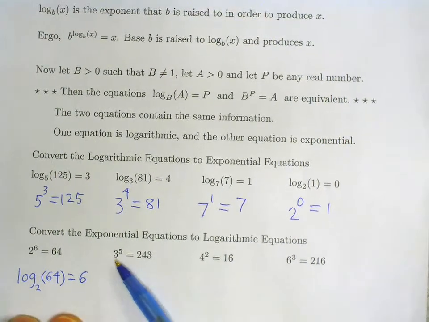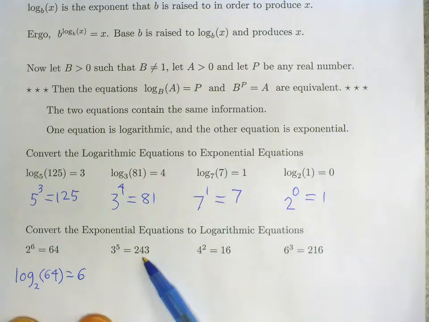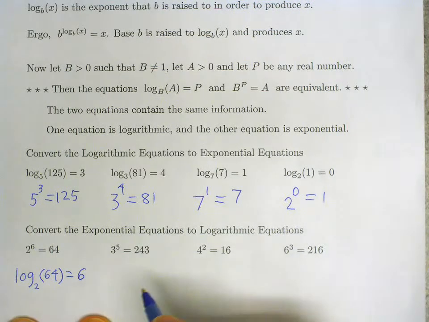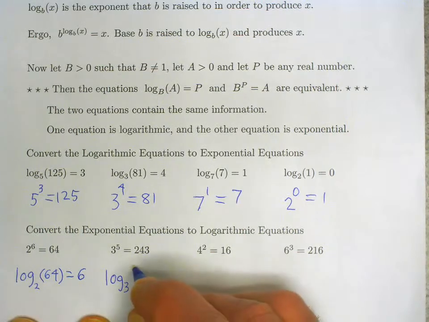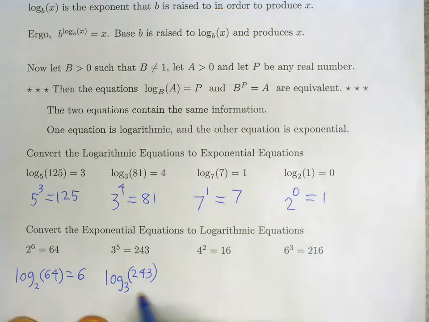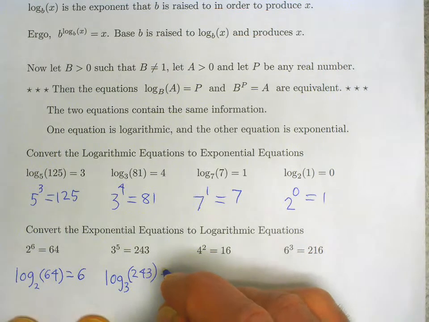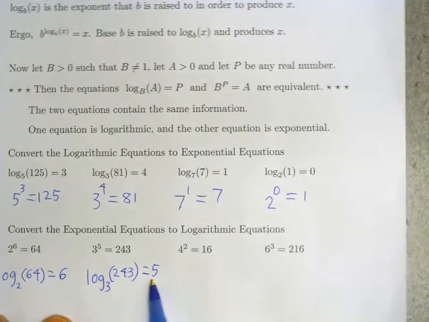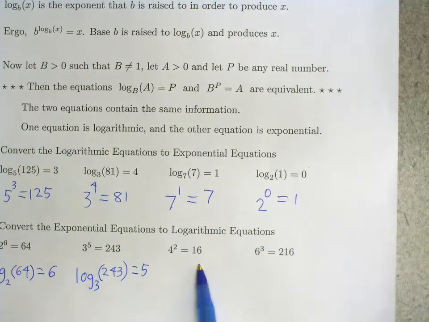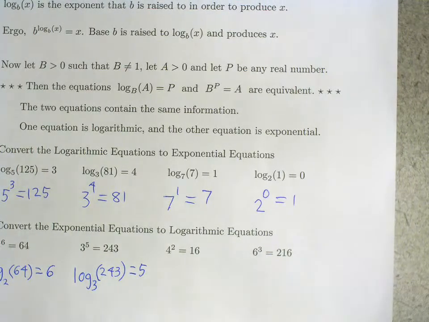Okay, 3 raised to the 5th power equals 243. The base is 3, so the logarithm has base 3. The argument is 243. The logarithm is equal to an exponent, and this particular exponent is 5. Okay, and the next one, 4 to the 2nd equals 16. Convert that to a logarithmic equation.